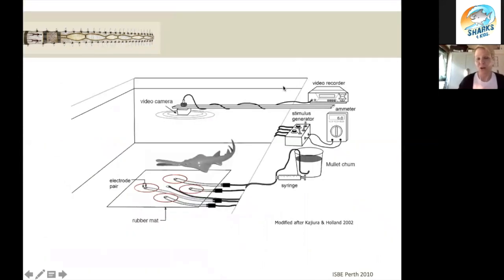And so I was looking into these senses and how these animals use that for hunting. And so here are two slides now that give you an idea of what you will see in the following video. So I was presenting sawfish in captivity with electric fields. And on this picture, what you can see is that the electric fields, where it says electrode pair, they were presented on the bottom, so on the substrate of the tank.